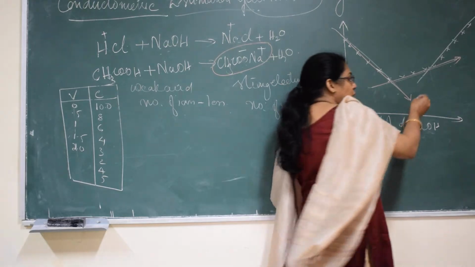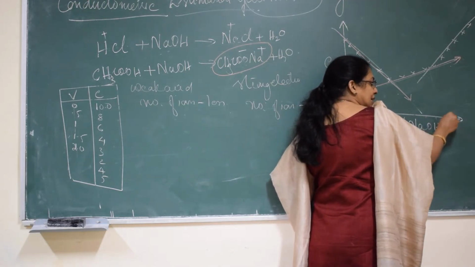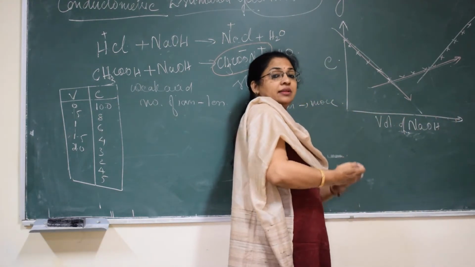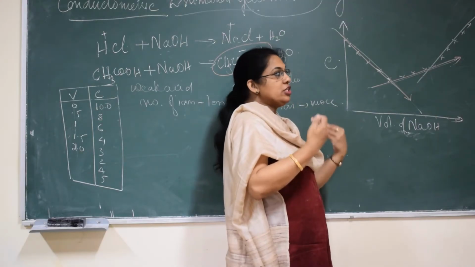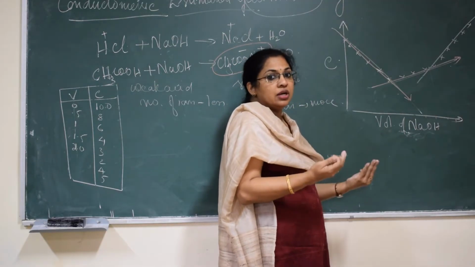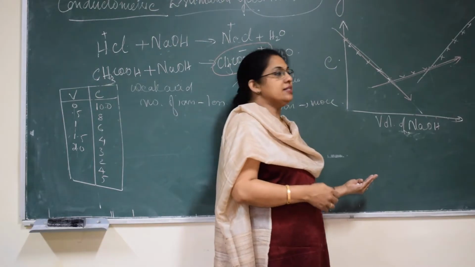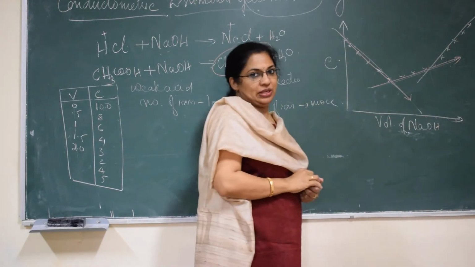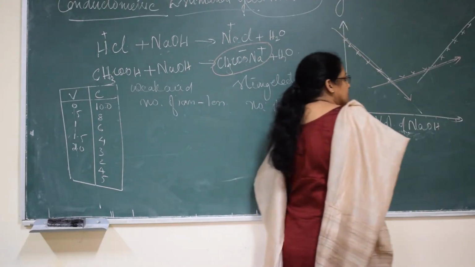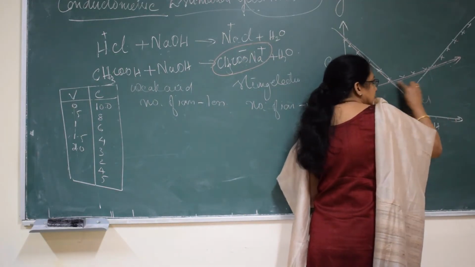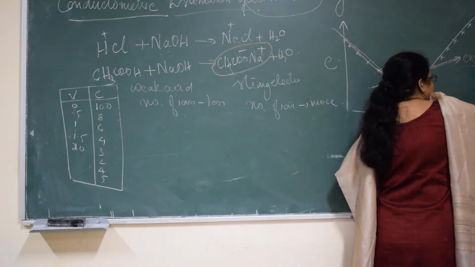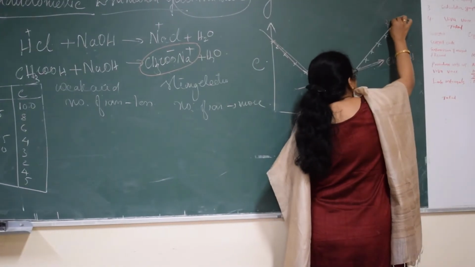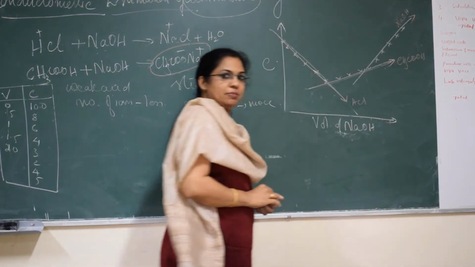As the amount of sodium hydroxide increases, the number of ions increases. OH minus ions are more mobile than Na plus ions. Because of all these factors, the conductance increases. So the first line represents the neutralization of HCl, the second line represents the neutralization of acetic acid, and the third line represents the addition of excess sodium hydroxide.